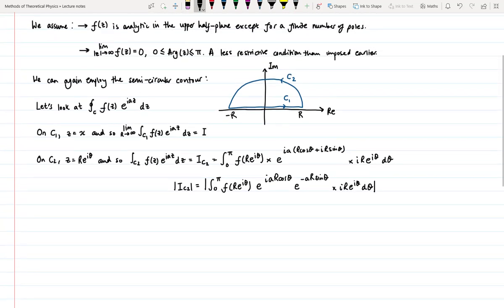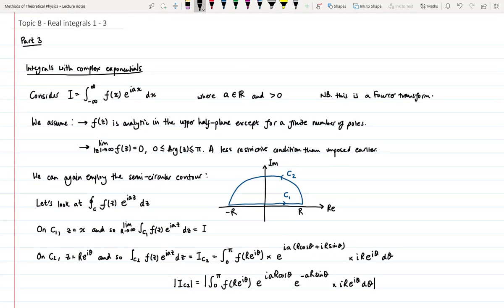Quickly looking back at our second assumption, we assumed that our function f of z was going to tend to 0 as the absolute value of z tends to infinity. So let's think about what happens to this term I C2 as r tends to infinity.